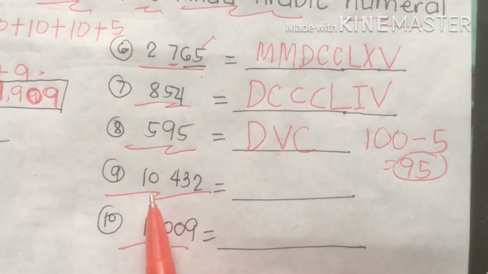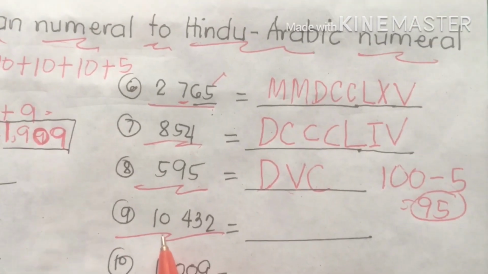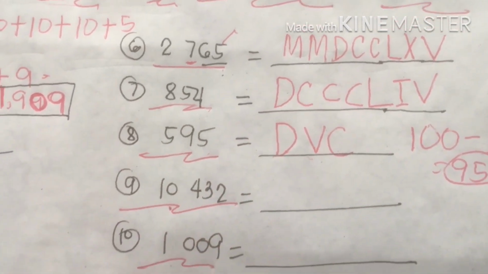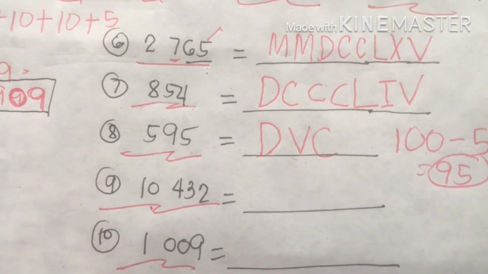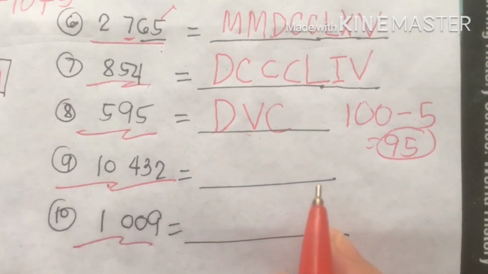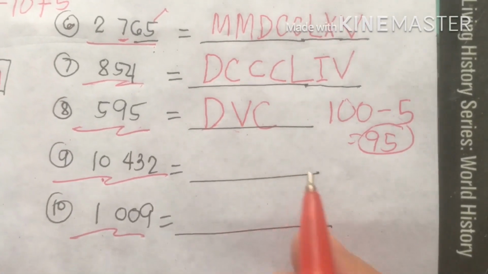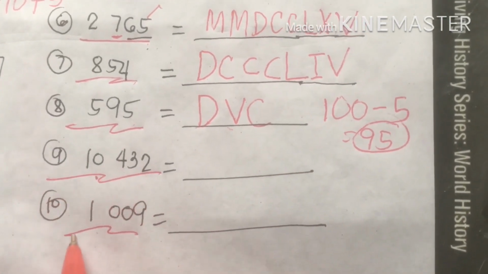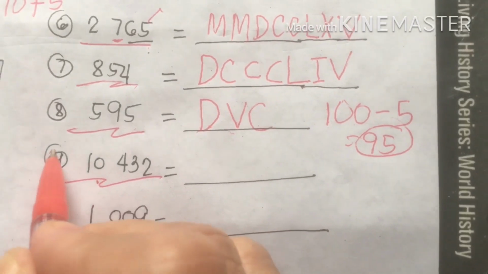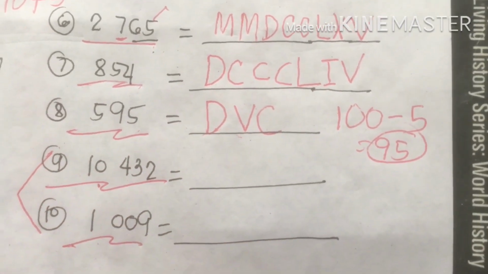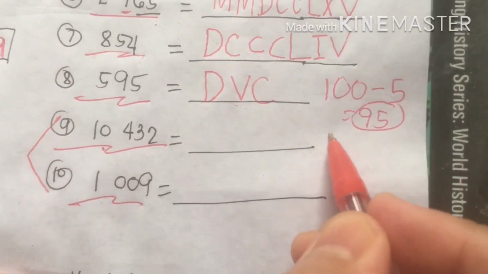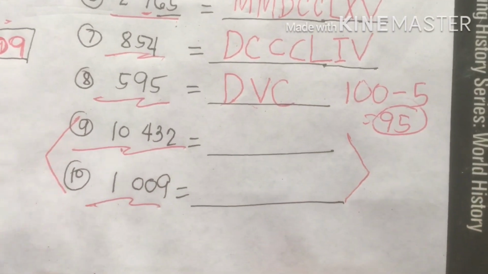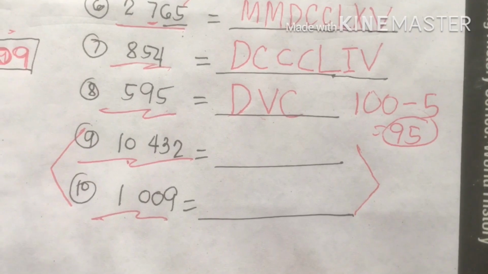So M is 1,000. So we can write it 3, that is 3,000. So by that, guys, we can multiply that using what we call bigger numbers. Okay, 9 and 10. So I will leave it blank in order for you to answer. This will be your assignment for today.